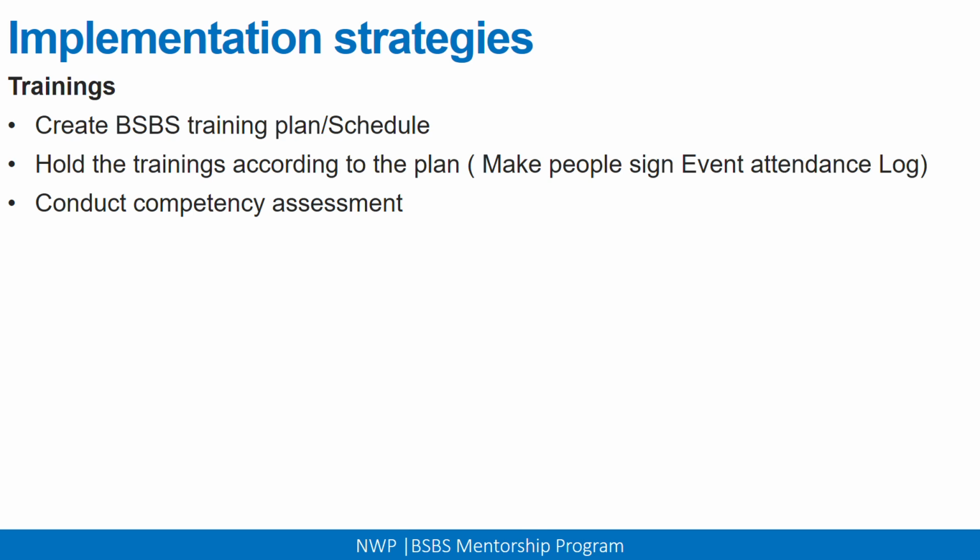Here we give them a theory assessment on how the procedure is supposed to be done. Then after that, you allow them to do a practical process of the procedure, and you assess whether or not they did the actual thing that they're supposed to do, theoretically as well as practically.